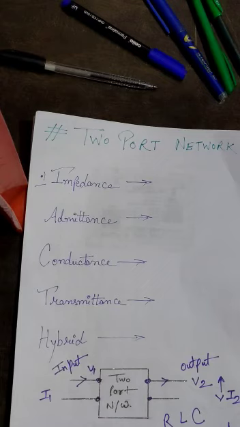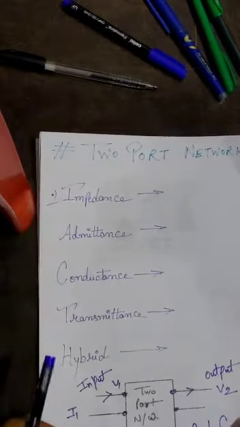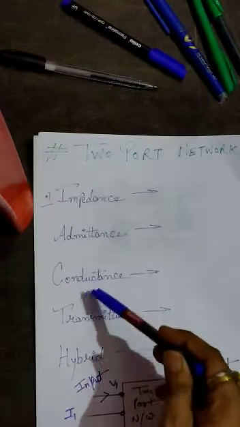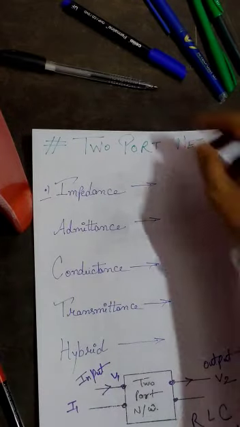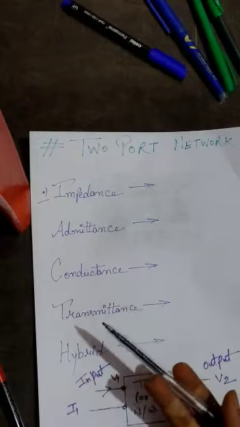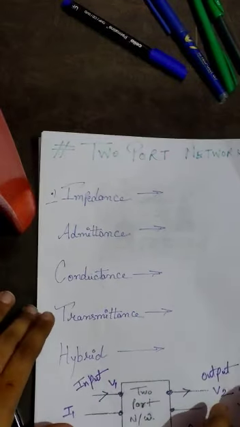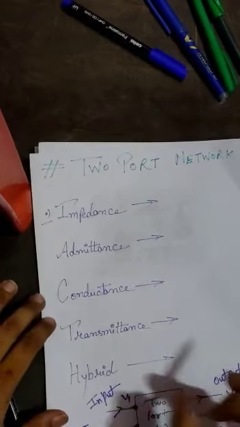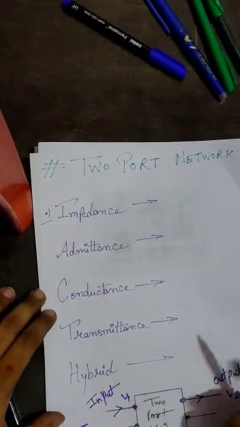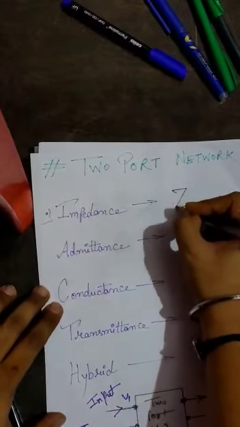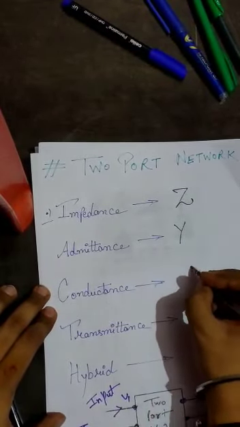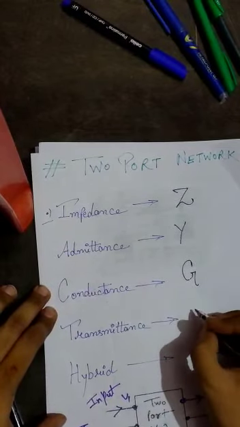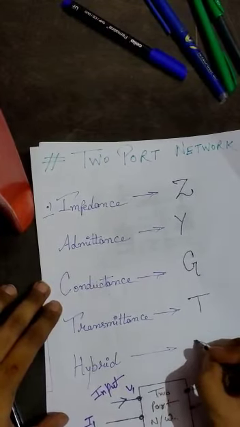To calculate the linearity and homogeneity of the system, a two-port network has 5 parameters named as below: impedance, admittance, conductance, transmittance, and hybrid. They are expressed by specific letters: impedance is Z, admittance is Y, conductance is G, transmittance is E, hybrid is H.